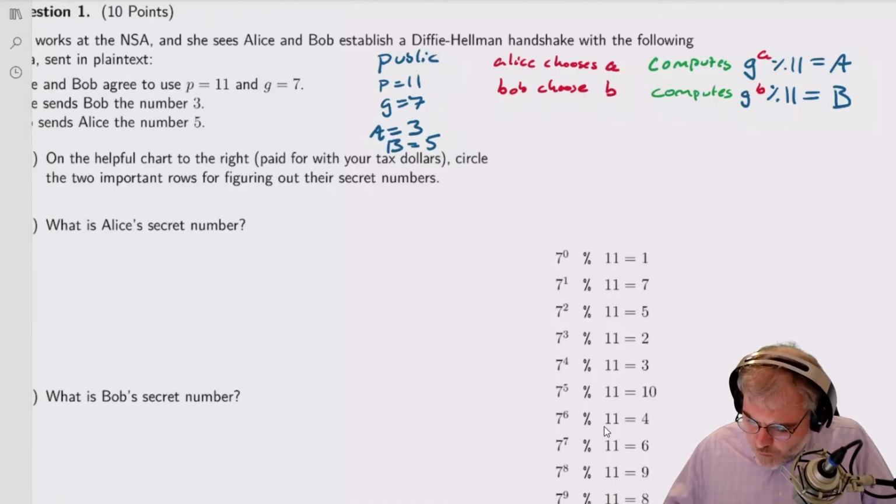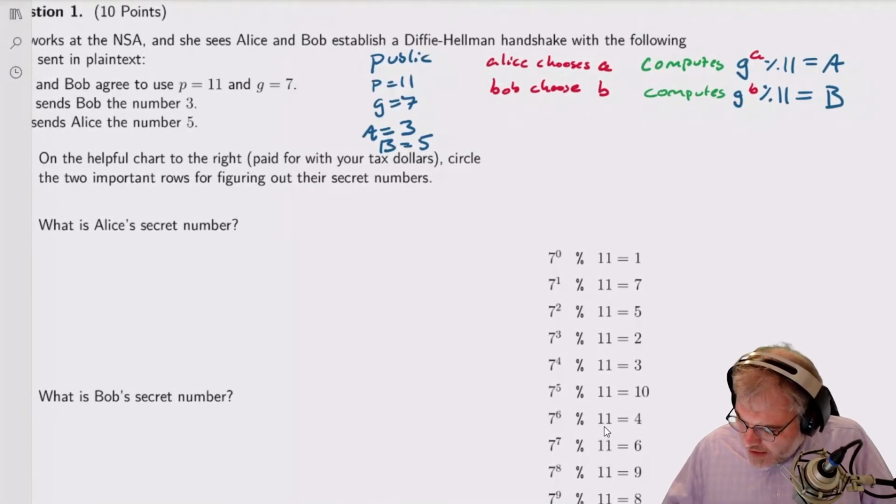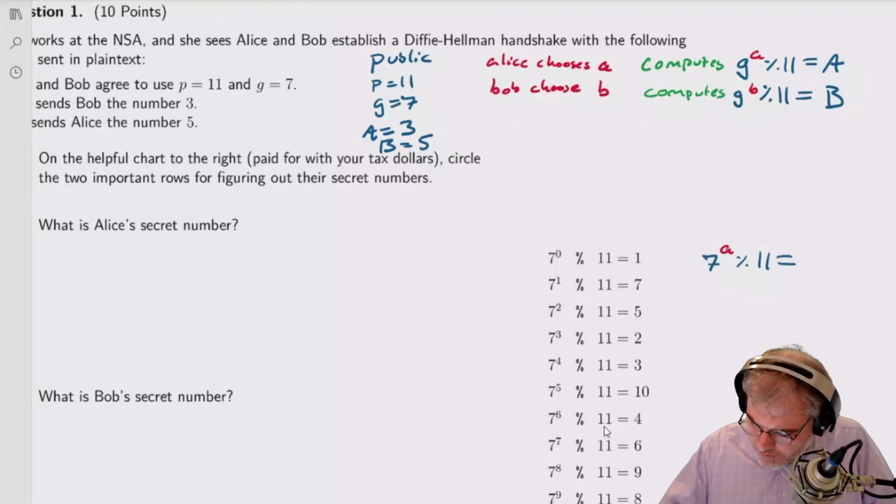So the question is, what happened here? I know that G, which is 7 to the a mod 11, equaled 3.